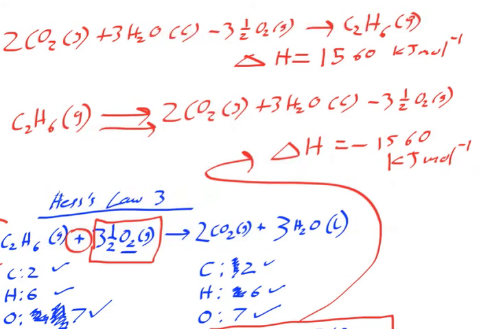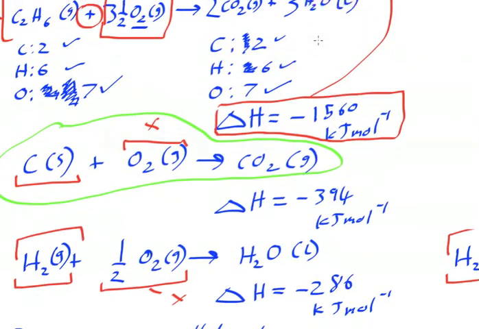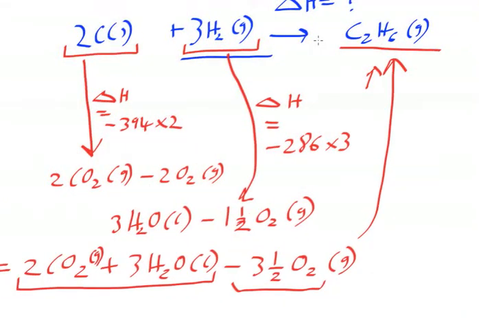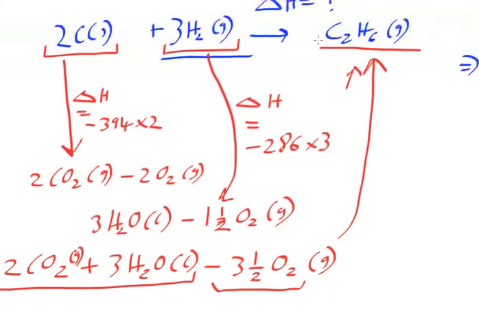And this is our last enthalpy that we need to put into the enthalpy diagram. So all the way down here, I've got a delta H equal to 1560.